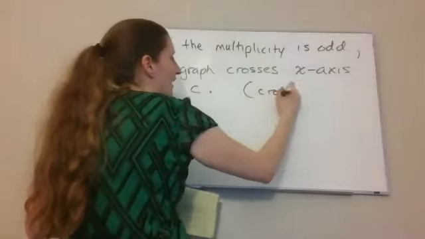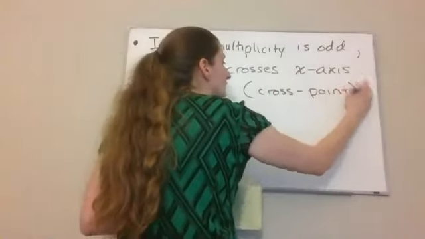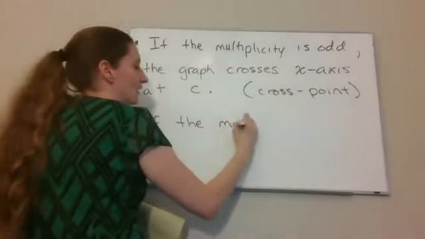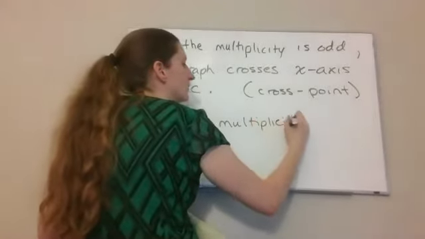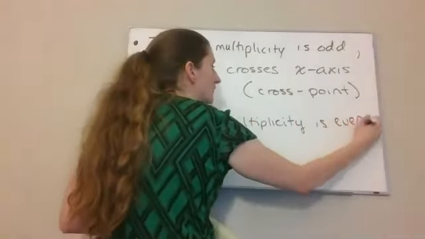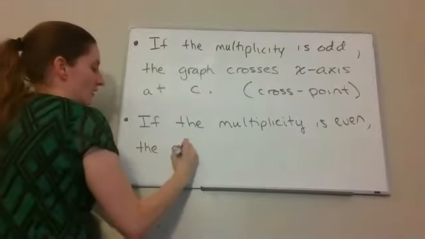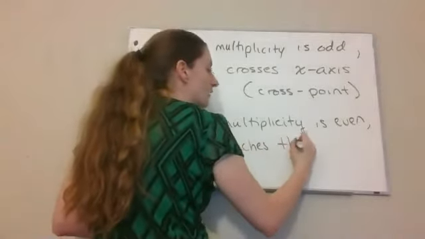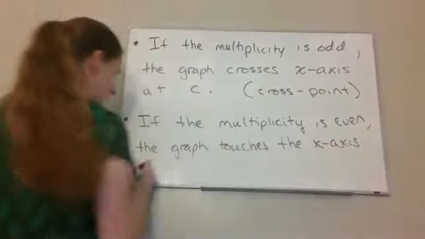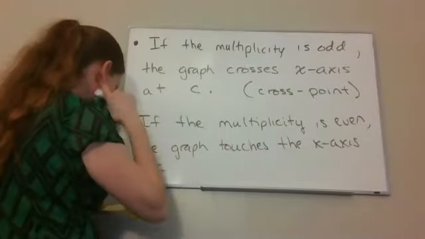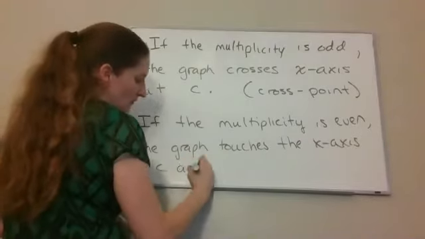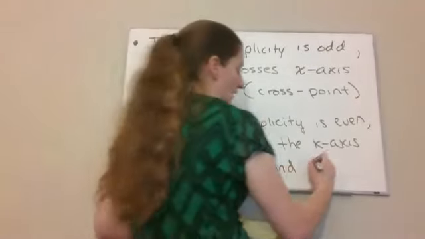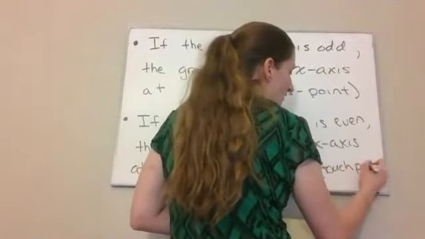This is called a cross point. And if the multiplicity is even, the graph touches the x-axis at c, and then it turns around. And this would be a touch point.